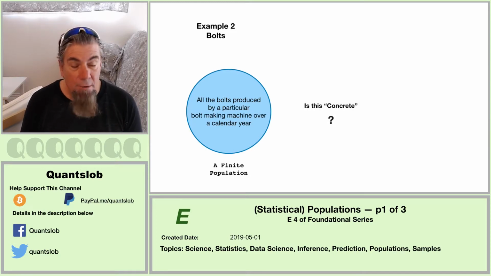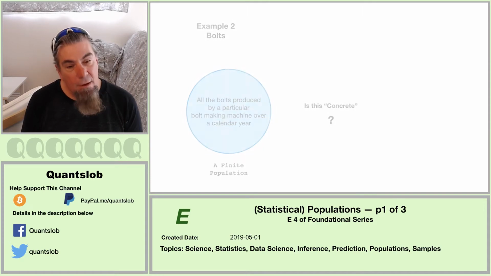This is certainly a finite population, but the question here is, would we regard this population as concrete? You recall that for a population to be regarded as concrete, we usually require that the elements be enumerable, uniquely itemizable, like in the previous example with university students. If the bolts we're talking about are common commercial hardware, it is rather unlikely that each bolt will be tagged with some unique identifier.